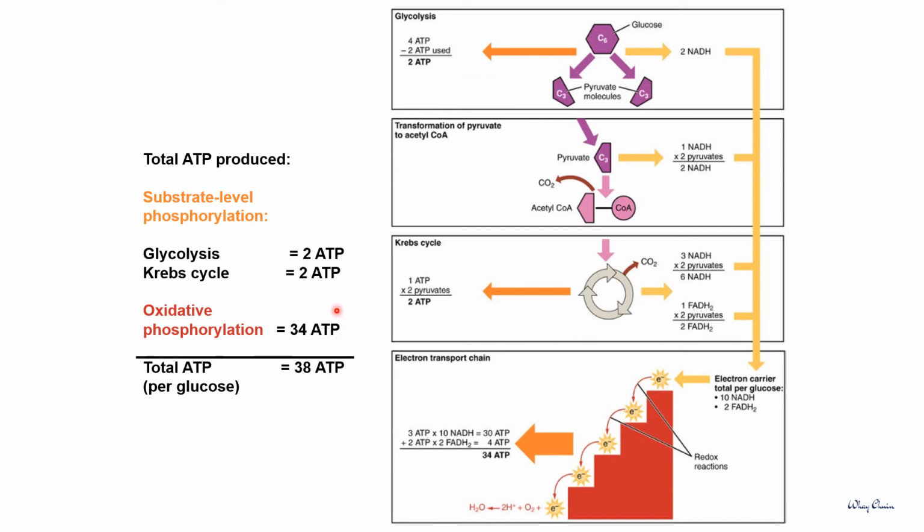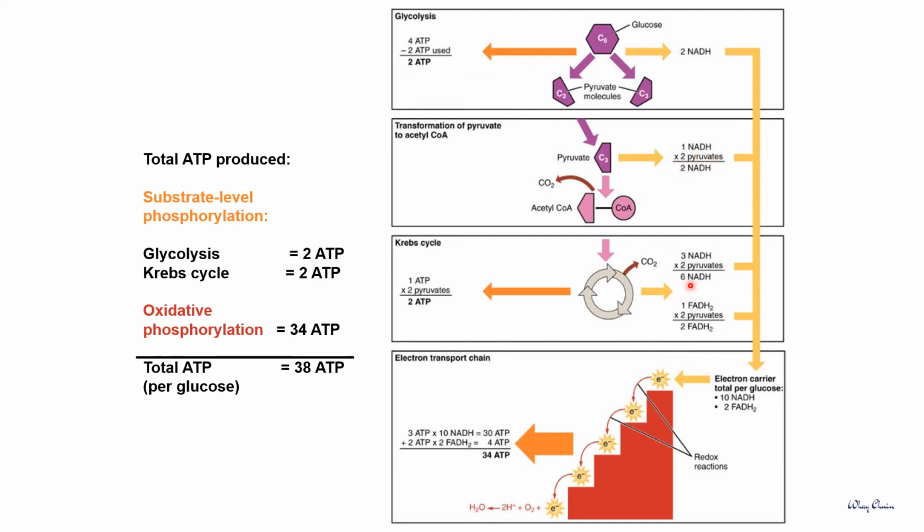Now we look at how the 34 ATP can be produced via oxidative phosphorylation, which is summarized here. This is because from one glucose, starting from glycolysis until the Krebs cycle, we are able to produce 10 NADH, which include 2 NADH from the glycolysis stage, 1 NADH during the link reaction, but because we start with 2 pyruvate here, that's why we have 2 NADH.